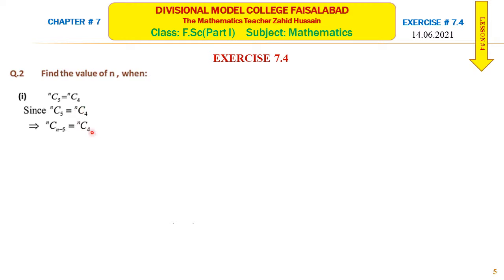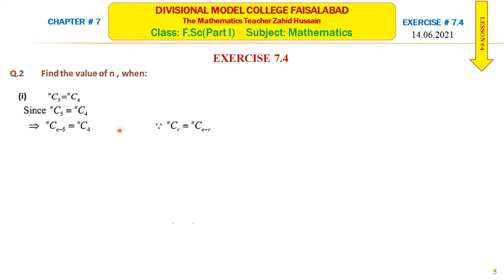This is equal to nC4, because nC5 is equal to nC(n minus 5), the difference of these two, which is the complementary combination, and this is equal to this. Now because these two are equal, the left hand side and right hand side, comparing these two we get n minus 5 is equal to 4.